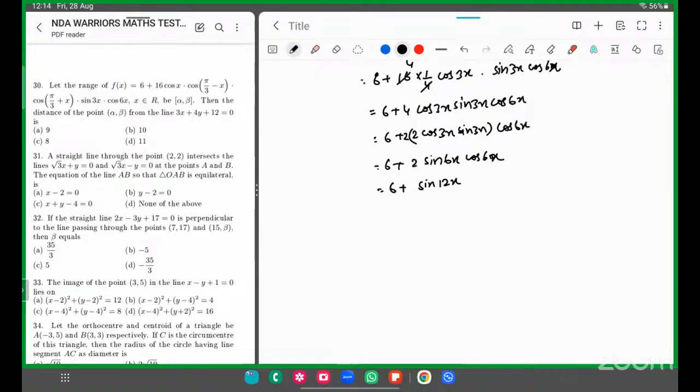Since sine 12x can give you either minus 1 or plus 1, I can say that the range of f of x will be 6 plus minus 1, that is 6 minus 1 comma 6 plus 1. These two values are possible, that is 5 comma 7.